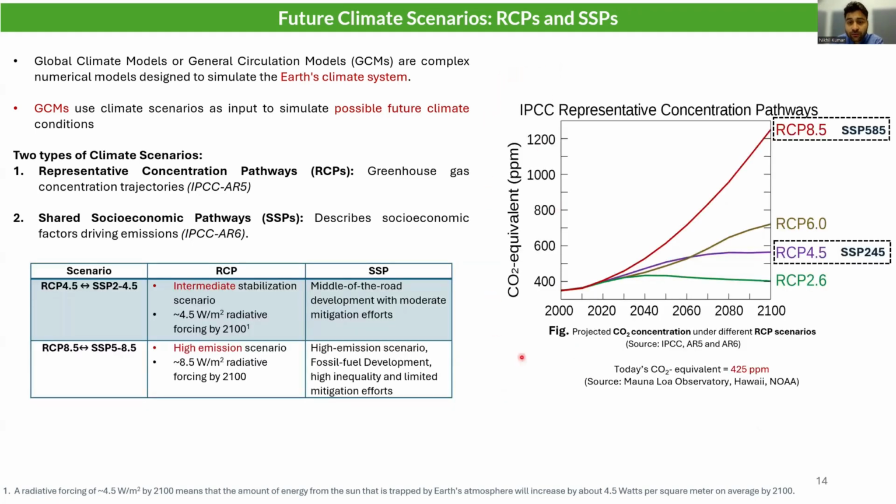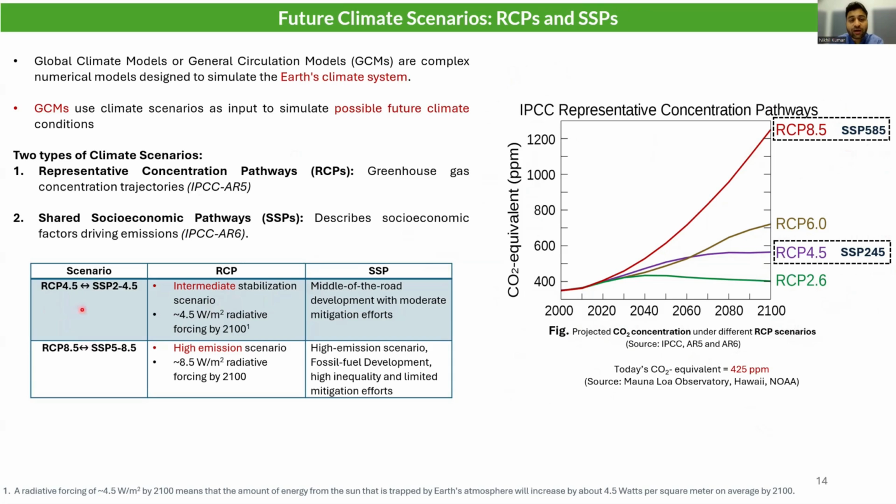If you see this figure, on the y-axis is the CO2 equivalent, and on the x-axis are the years. It shows the projected CO2 concentration under different RCP scenarios, and the RCP scenarios and the socioeconomic scenarios can be equivalent. RCP 4.5 is equivalent to SSP 245, and RCP 8.5 is equivalent to SSP 585, because they have similar characteristics.